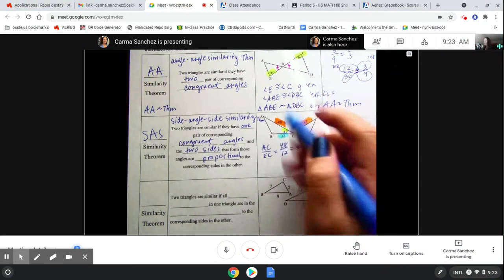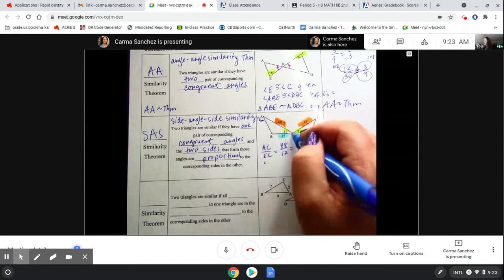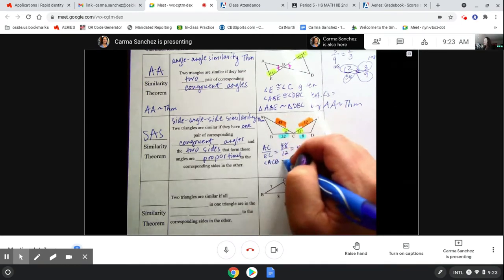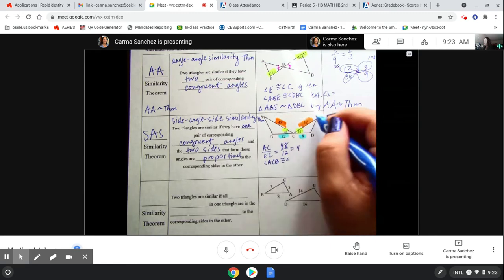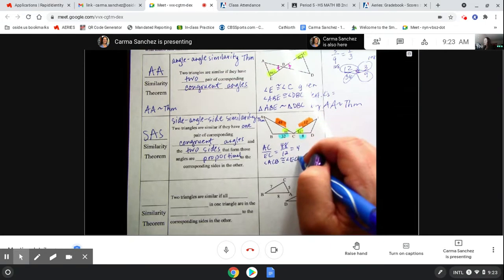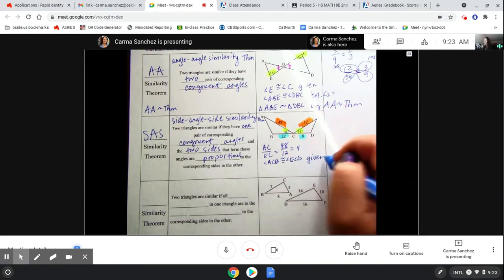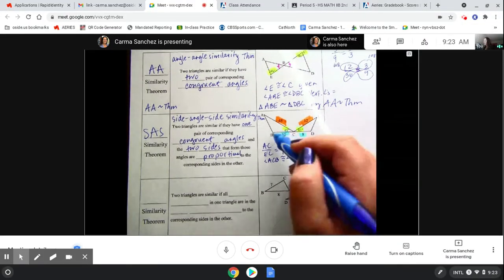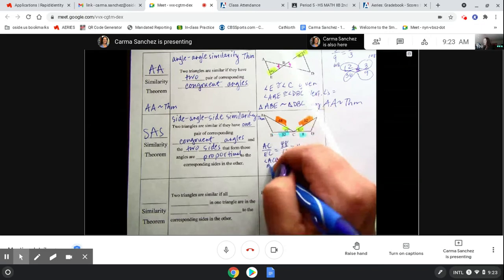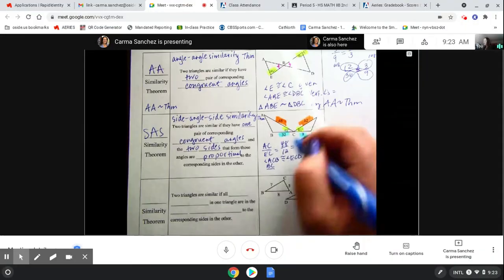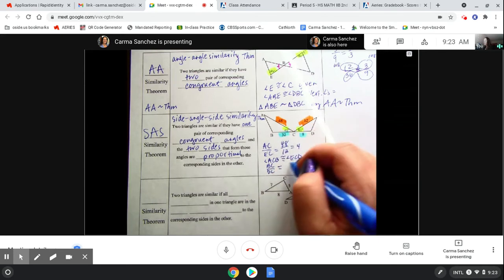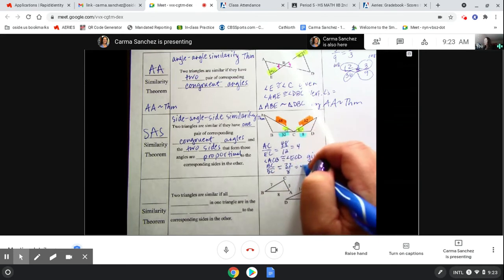Next, we're going to say that angle ACB is congruent to angle ECD, that was given in the image. Finally, we're going to do the last side proportion. We're going to say length BC corresponds to length DC. And so that's 32 is to 8, and that reduces down to 4.